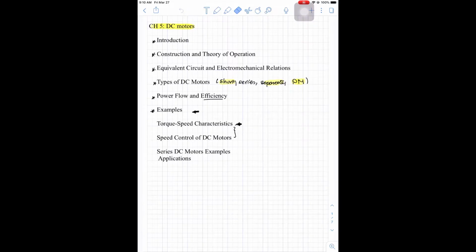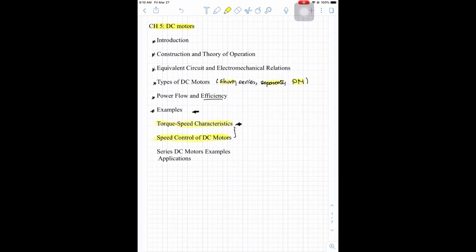We will continue with our DC motor chapter, and we will finish this chapter today. Last lecture we covered the torque speed characteristics. We defined what is meant by torque speed characteristics, and then how we can use this knowledge to do speed control of DC motors.